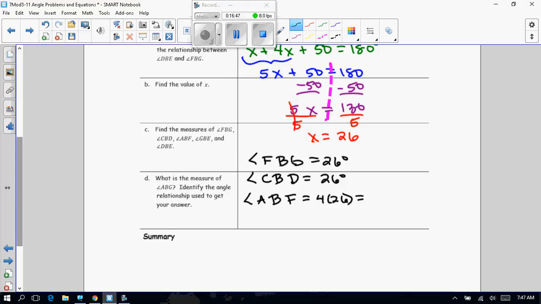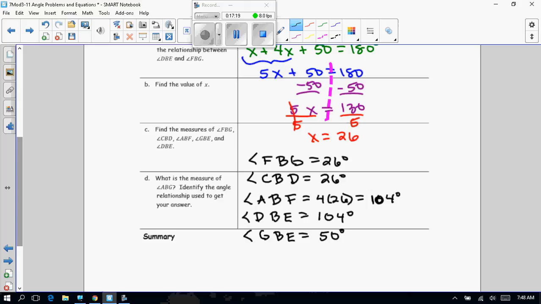So I know that it is 104 degrees, which also means angle DBE is also 104 degrees. And lastly, I know that angle GBE is 50 degrees, right? Because I have it being a vertical angle to the other.